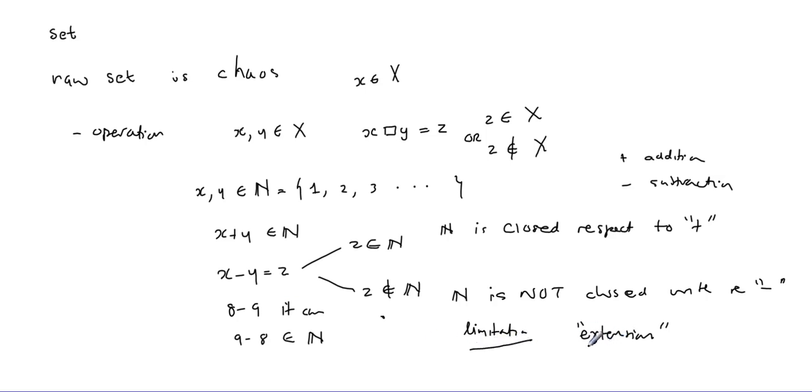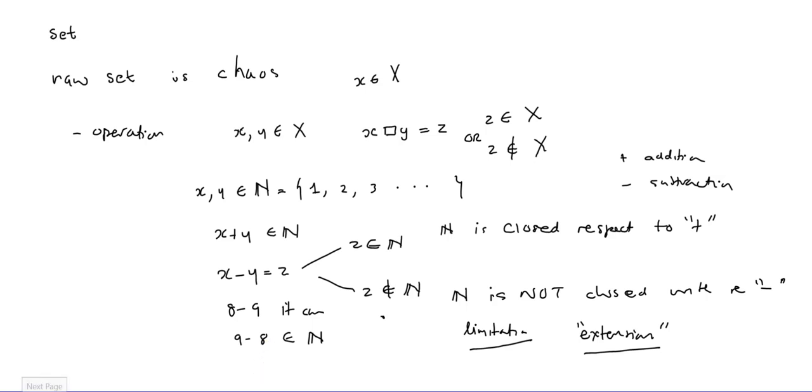What could be possible is to consider extending, now considering a bigger universe. And the question that will fall now, which we'll do later, is how to actually extend this set of natural numbers in such a way that subtraction can always be possible.